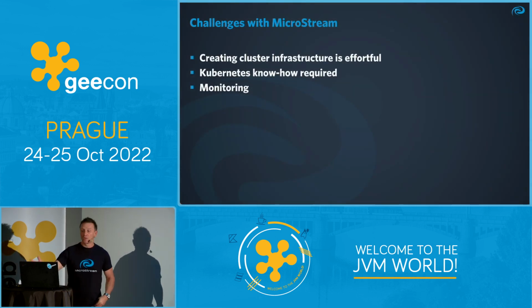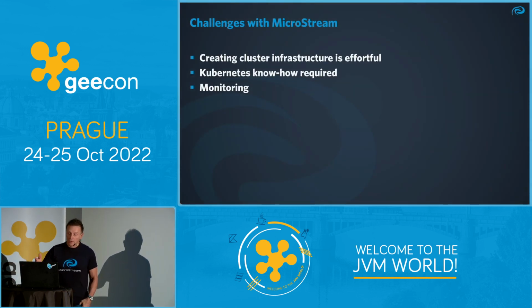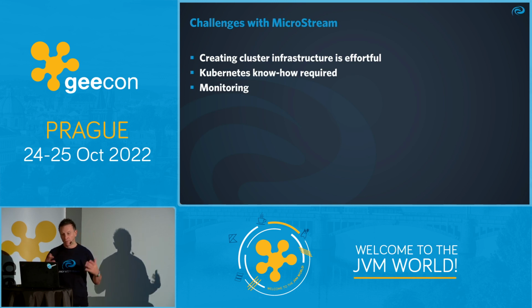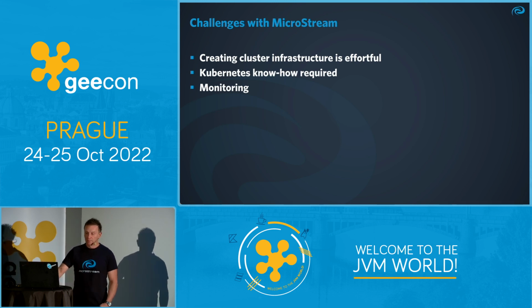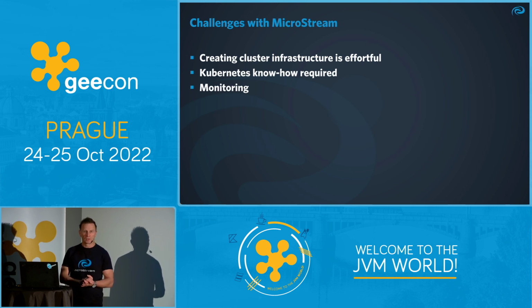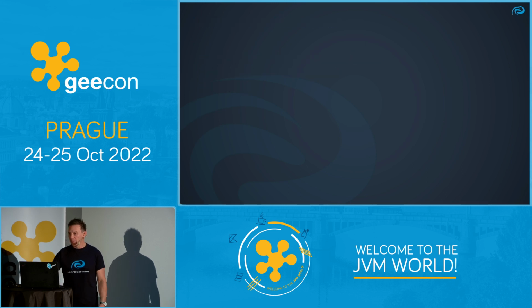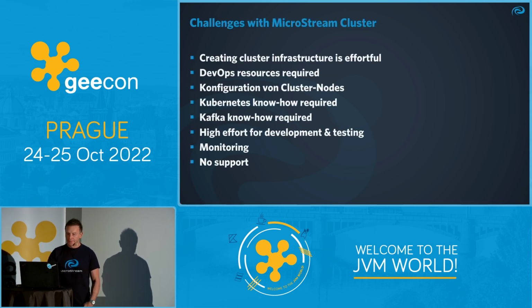Then, of course, you can build and run a cluster on your own. We are all developers, so you can do that. It's open source. But of course, you have to deal with Kubernetes and all of these cloud features. And of course, this is effortful. Most Java developers don't want to do that, and this is the reason why we provide the MicroStream cluster. It creates the complete infrastructure for you.